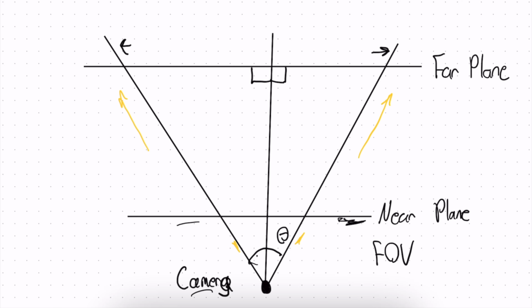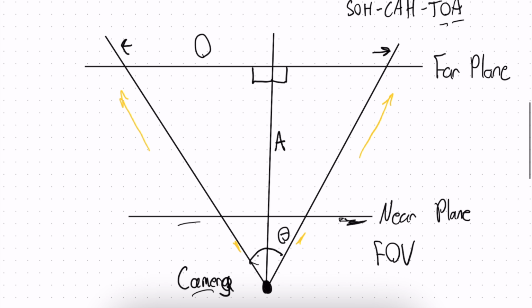So interestingly enough, we have the adjacent here, like you would have in a right triangle, and we also have the opposite. So if you remember from trigonometry, we have our SOHCAHTOA, and depending on which sides you're given, you can determine the ratio for the other ones. And because we have opposite and adjacent, we can of course use tan here.